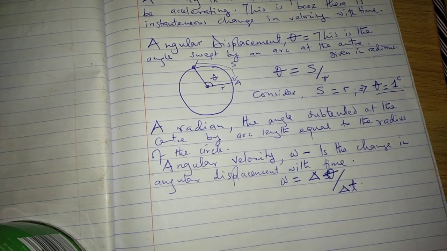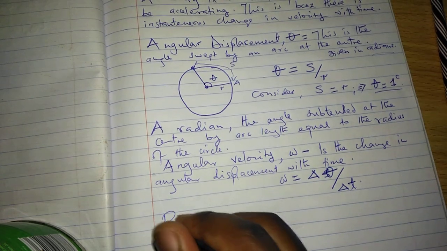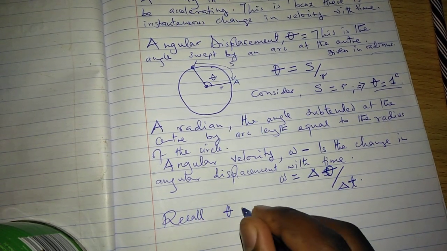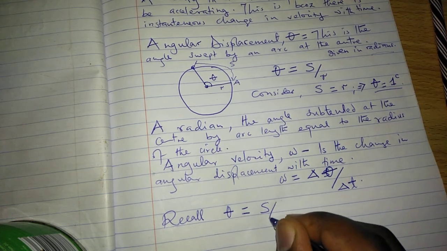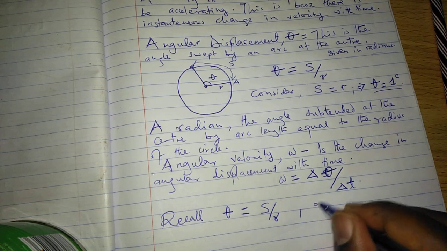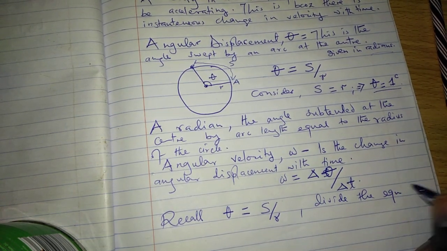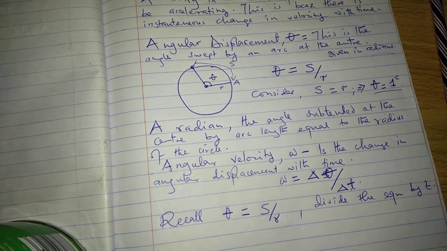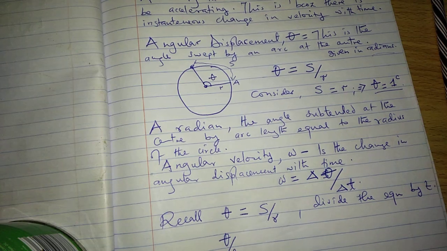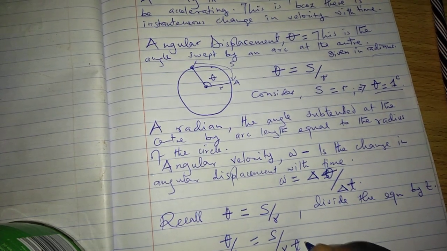With this we can recall the first equation, which says that angular displacement theta is s out of r. If we divide this equation by time t, we get theta out of t equals s out of r and t.